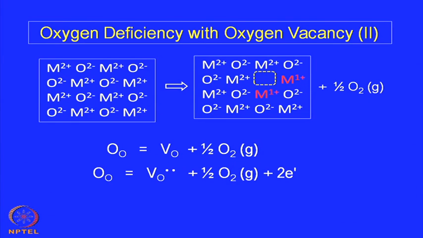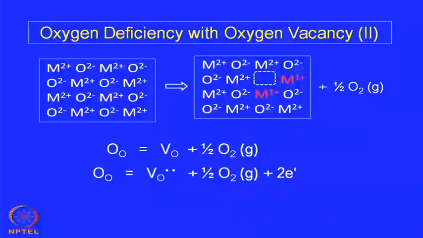So two effective positive charges have been created, and two electrons have been released. Okay. These two electrons are free. When we write these two electrons, they are free and mobile electrons. Other electrons are immobile electrons, strongly attached to the ion cores, so they are not mobile.